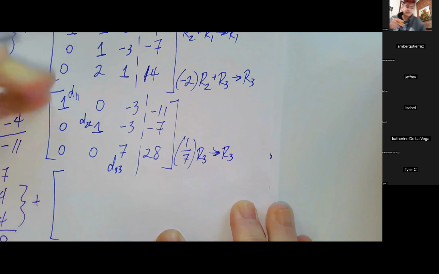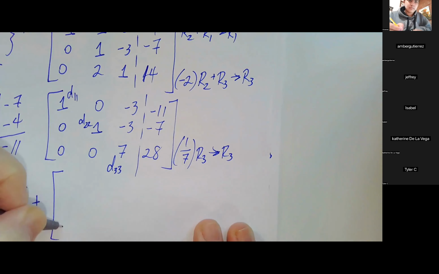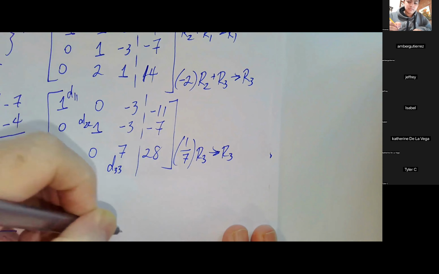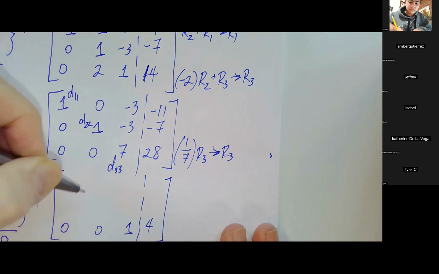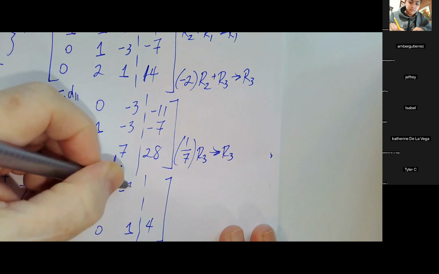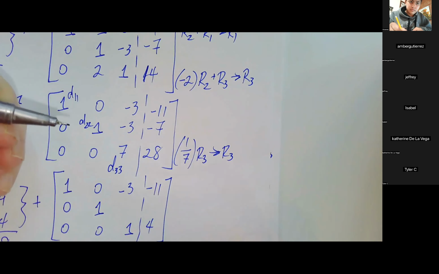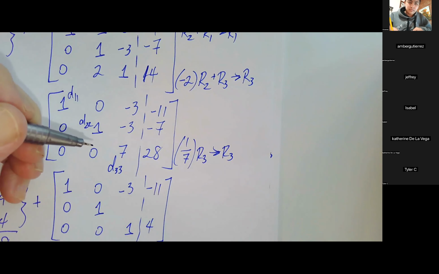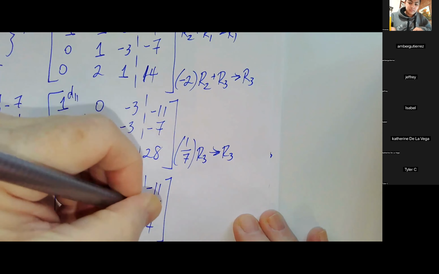So that we've got 0, 0, 1, 4. We still have 1, 0, -3, -11, and 0, 1, -3, -7.